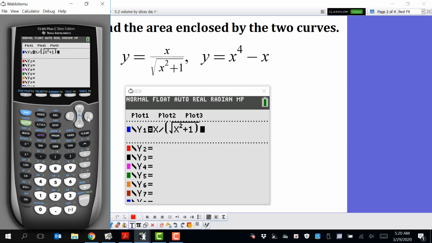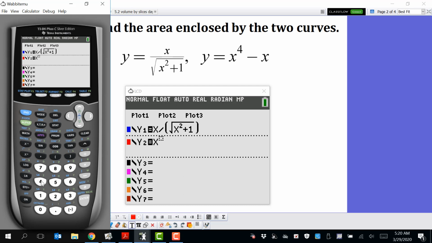And then for y2, let's do x to the 4th minus x.